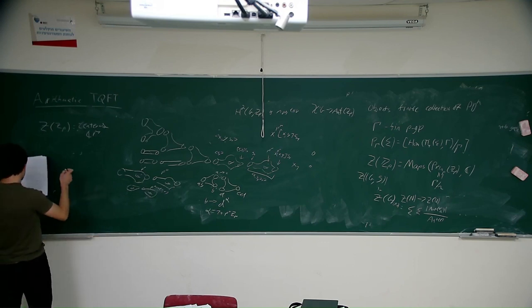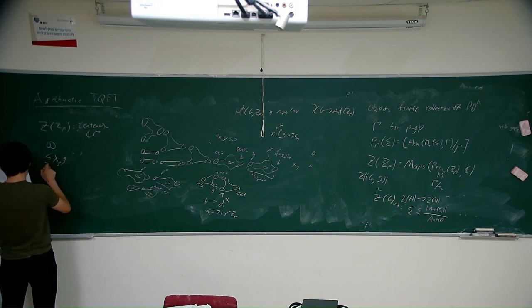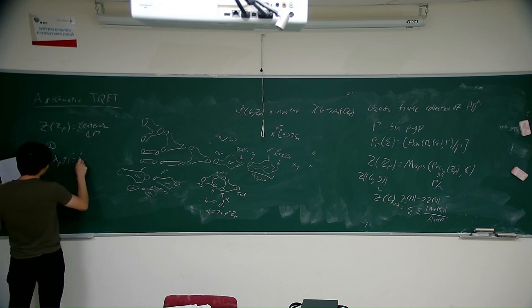And then the cap is the thing which will take lambda g to 1 of e.